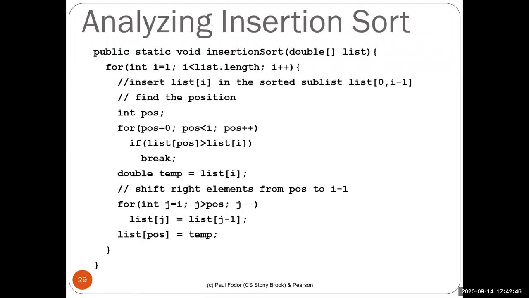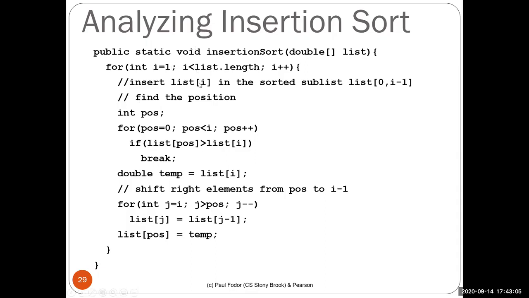Insertion sort is very similar. So again, we have here the insertion sort algorithm. You start from the beginning, and for every element, you consider the prefix sorted, and you want to insert the current element in sorted order. So let's take some random index i.